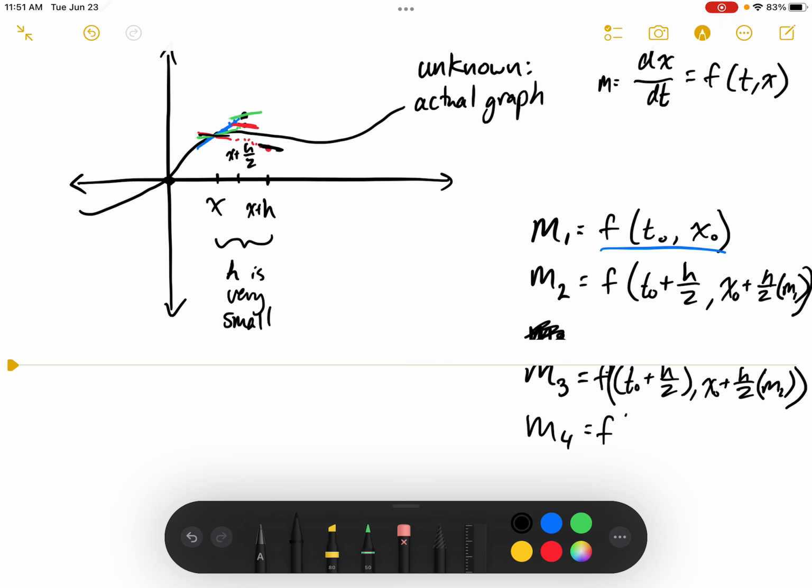This is our fourth and final slope for Runge-Kutta 4. You can imagine why it's called Runge-Kutta 4. Sorry, wrong variable. So this one is t naught plus h, so we go all the way to the end, just like we did with the first one with Euler's method, and then this is x naught plus h times m3.